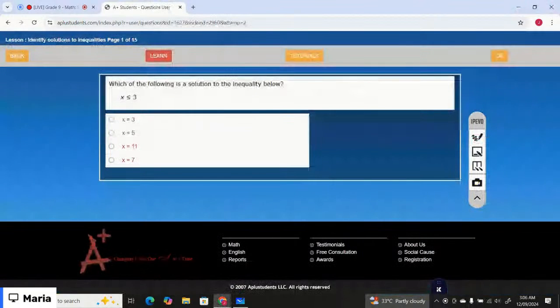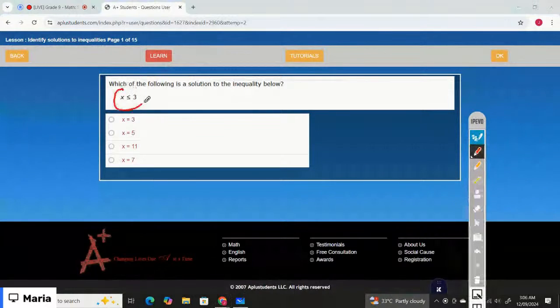Which of the following is a solution of the inequality below? The inequality is x is less than or equal to 3. So the correct option is the one that is either less than or equal to 3.